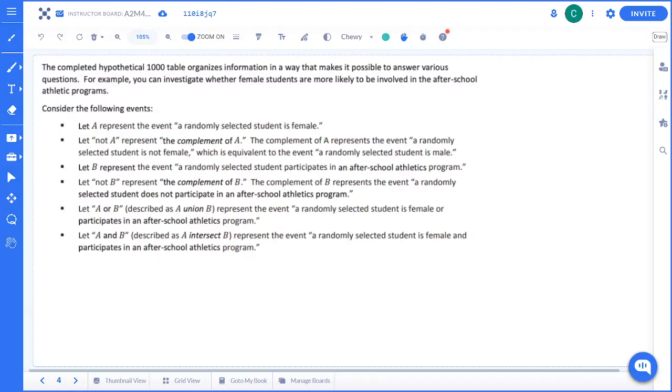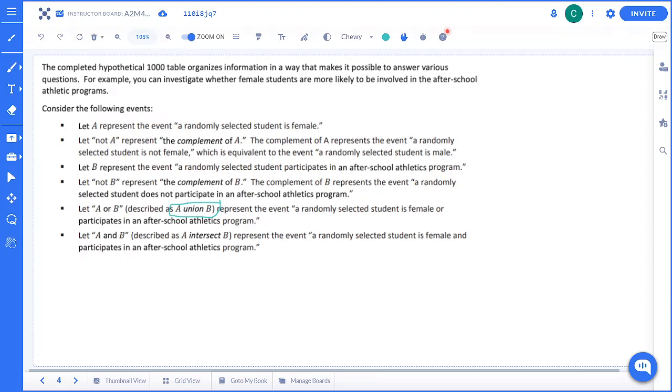So let B represent a randomly selected student that participates in an after-school athletic program. Well, the complement of B, or not B, is the same thing as saying a randomly selected student that does not participate in an after-school athletic program. Okay. Now, if we say A or B, this is considered a union.